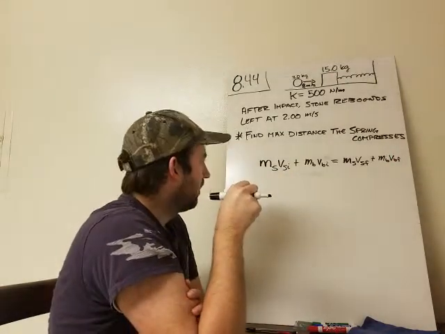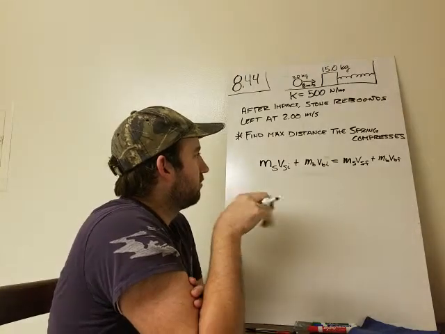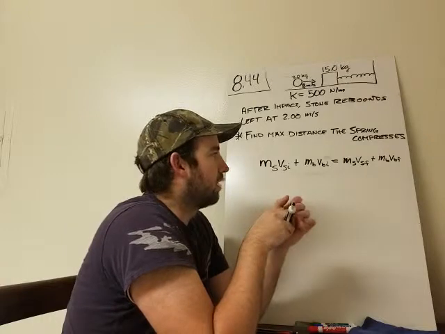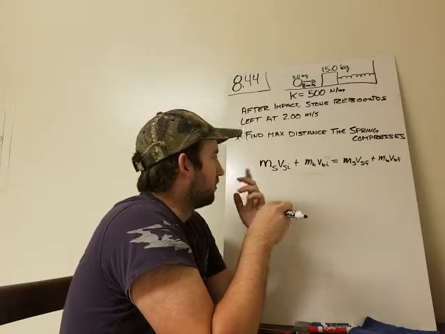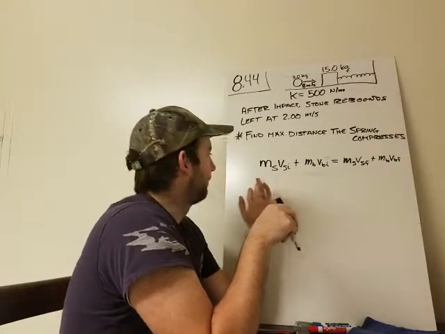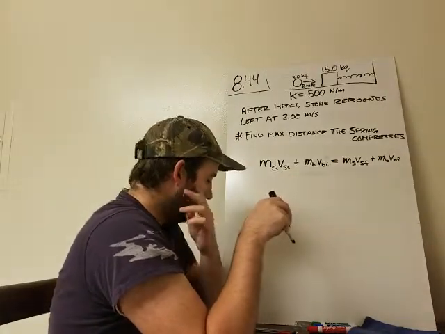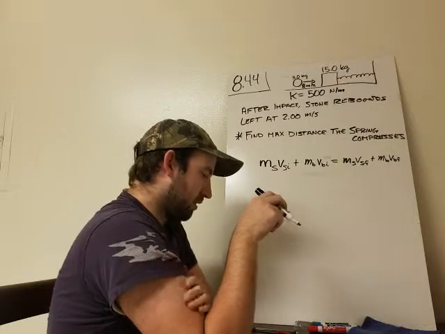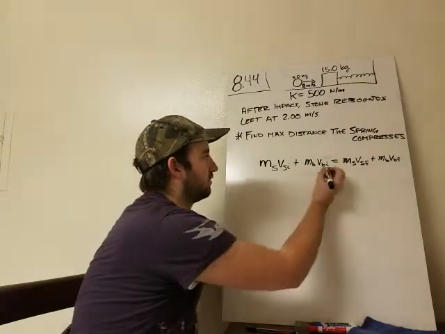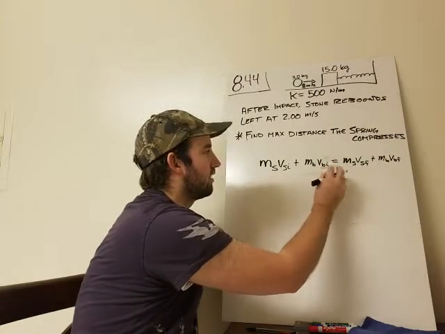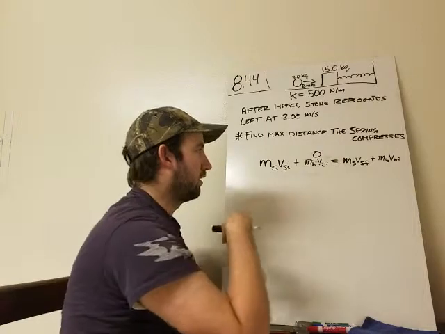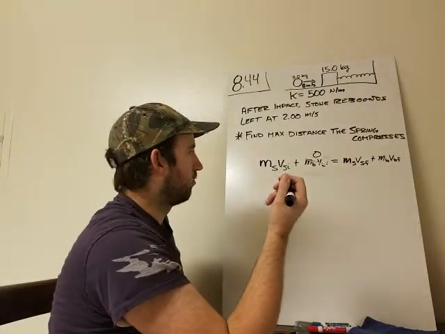And so what we're looking for is we want to find the final velocity of the block. And so to do that, we can just rearrange our equation. First of all, the block is at rest initially, so this whole part we can just get rid of, which kind of helps us out a little bit.